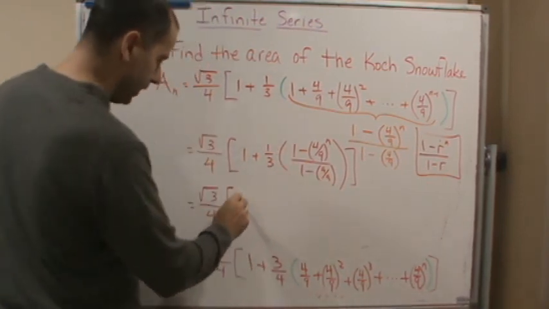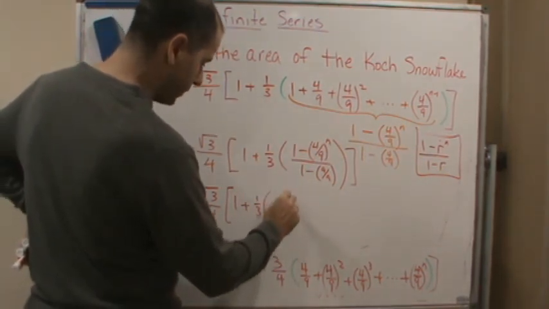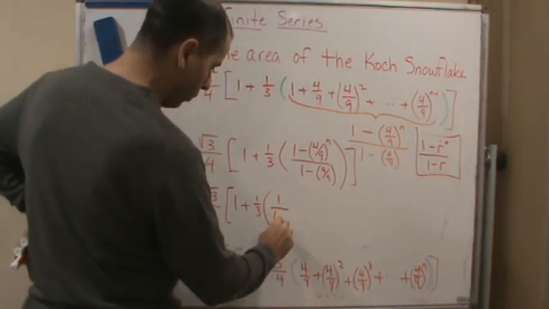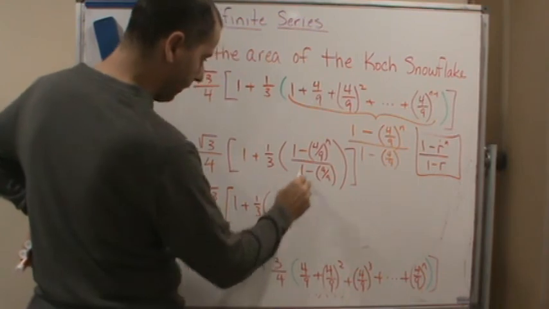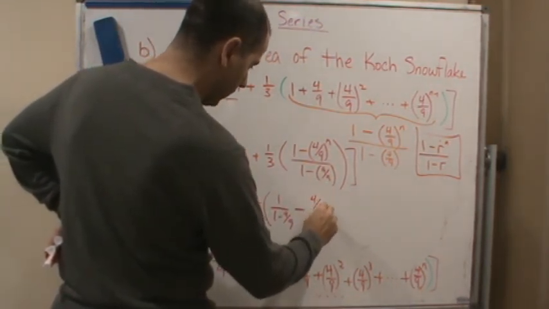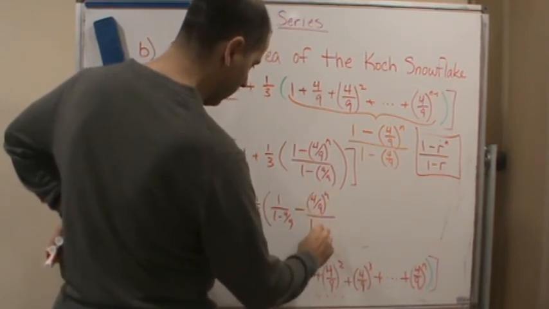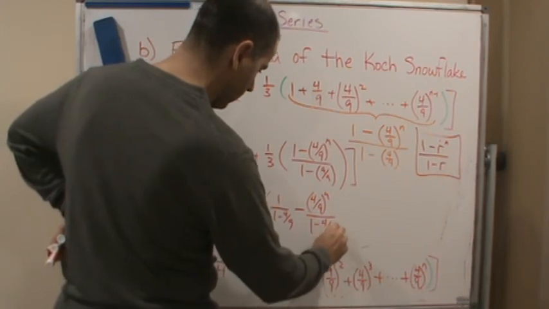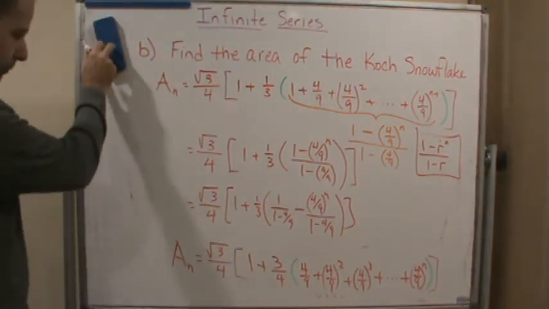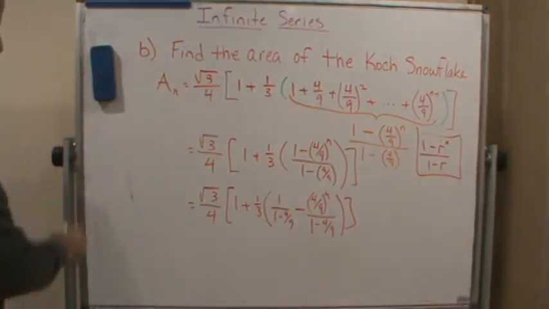So this is going to end up being 1 plus 1/3 times, well, it's going to be 1 over 1 minus 4/9, minus 4/9 to the nth power over 1 minus 4/9, right? I'm going to split this up into two fractions. And so again, I'm just simplifying this, okay?